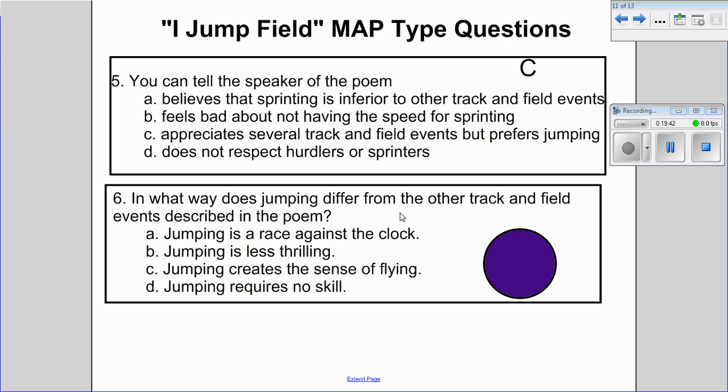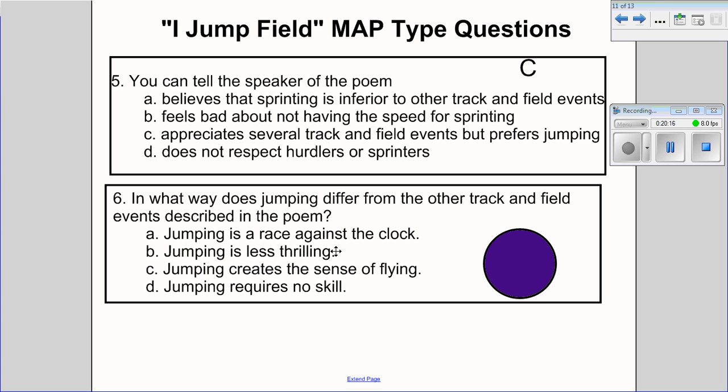And 6, in what ways does jumping differ from other track and field events described in the poem? Jumping is a race against the clock. Jumping is less thrilling. Jumping creates a sense of flying. Jumping requires no skill. Well, I know that jumping is not a race against the clock, so I'm going to put an X over there. Eliminate that answer. Jumping requires no skill. Absolutely not true. Any sort of athletic event is going to require some sort of skill. Jumping is less thrilling.